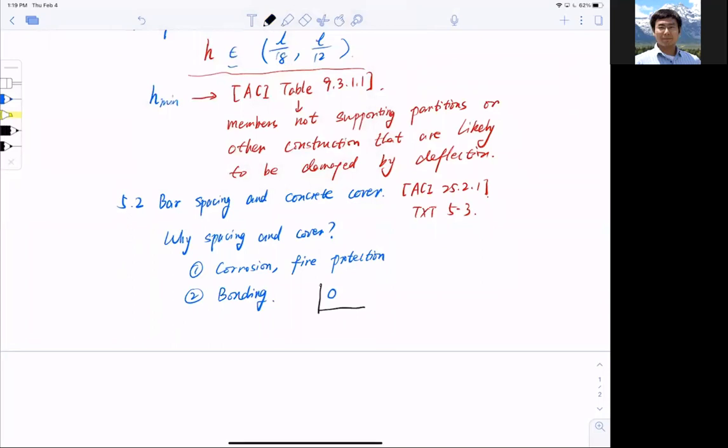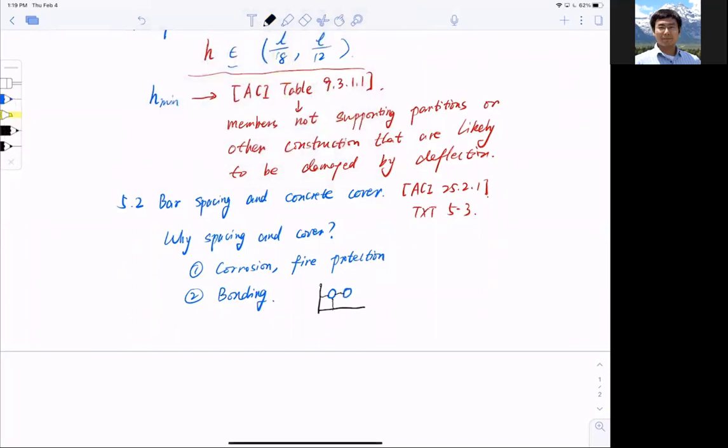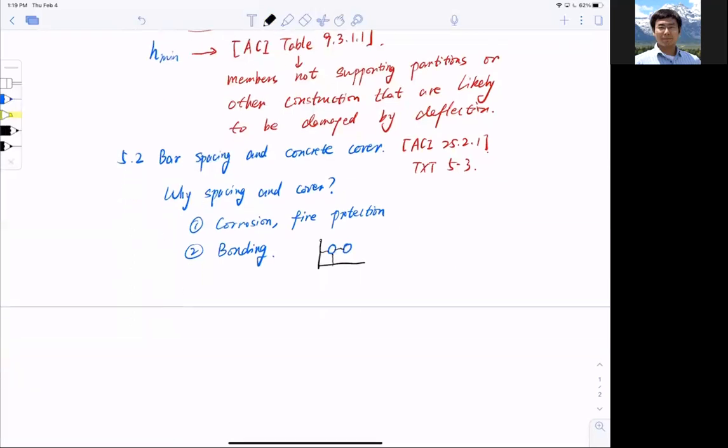If you try to pull the bar out, essentially you introduce circumferential stresses in the neighboring concrete, and it will cause cracks just like that. Now if you put bars too close, it can easily crack through the spacing between bars and cause the loss of bonding. All right, so bonding is important. That's why we need to provide spacing.